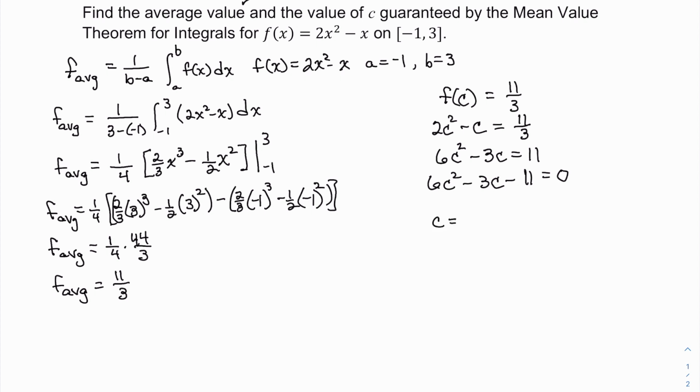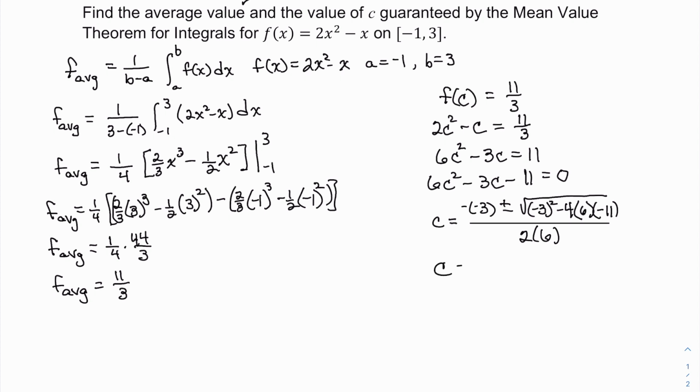So c is equal to the opposite of the coefficient in front of the first degree term, so the opposite of -3, then plus or minus the square root of that coefficient squared minus 4 times the coefficient in front of the square term, so 6, times the constant, and remember to take that negative with the 11, so negative 11. And that's all over 2 times that coefficient of the square term.